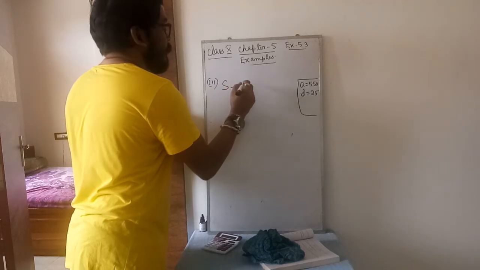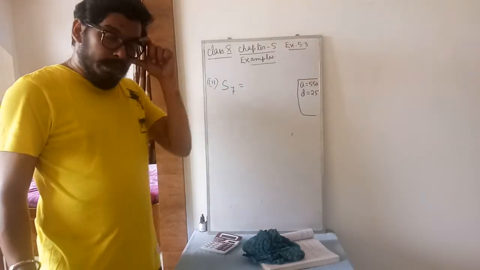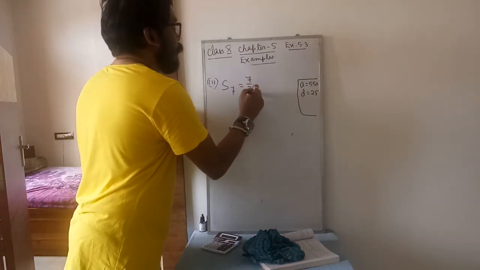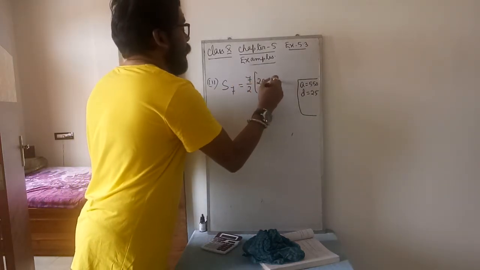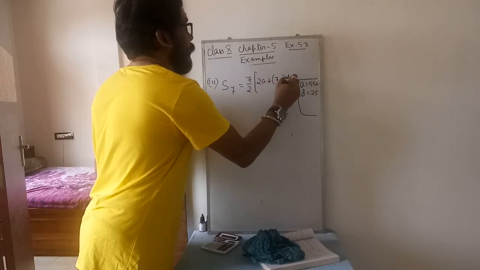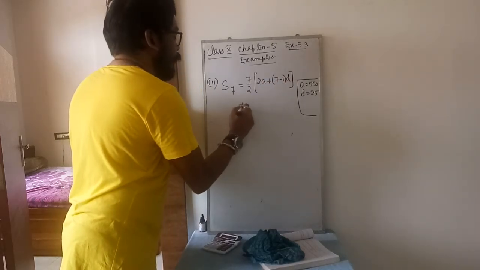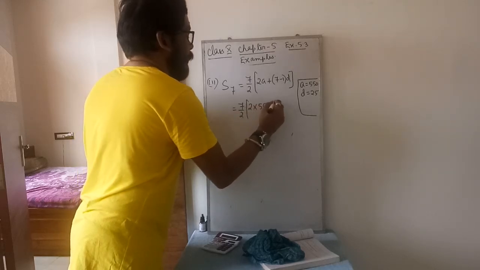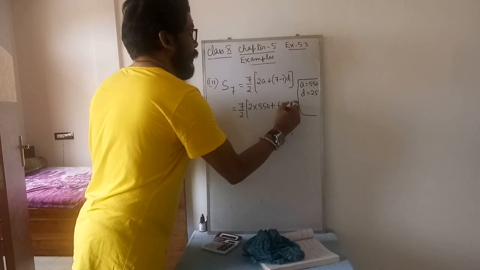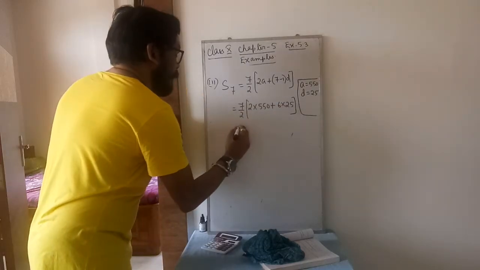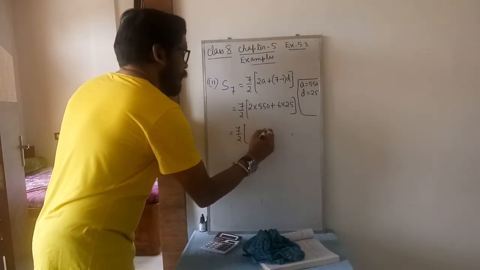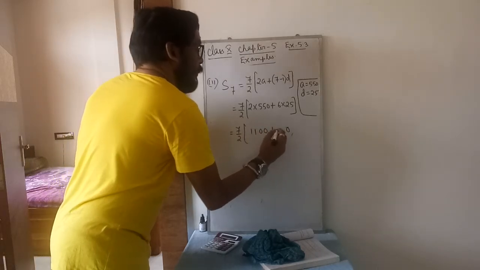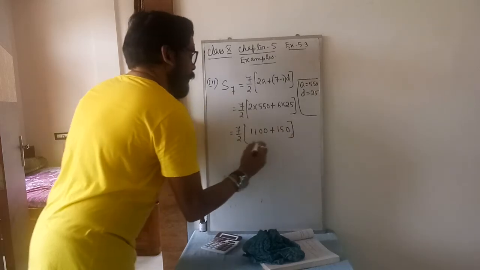So Sn is n by 2 into 2A plus n minus 1 into D. So S7 will be 7 by 2, then twice A plus 7 minus 1 into D. Now I will put the value of A. A is my 550, 7 minus 1 is 6, D is my 25.